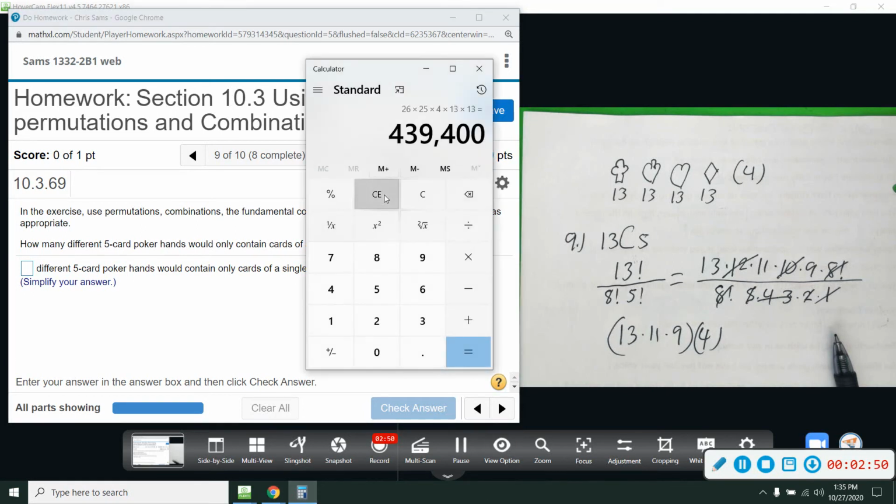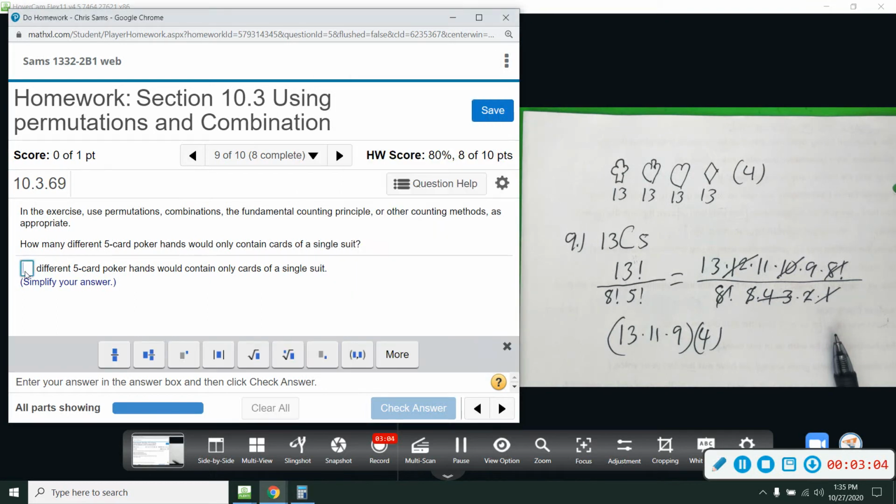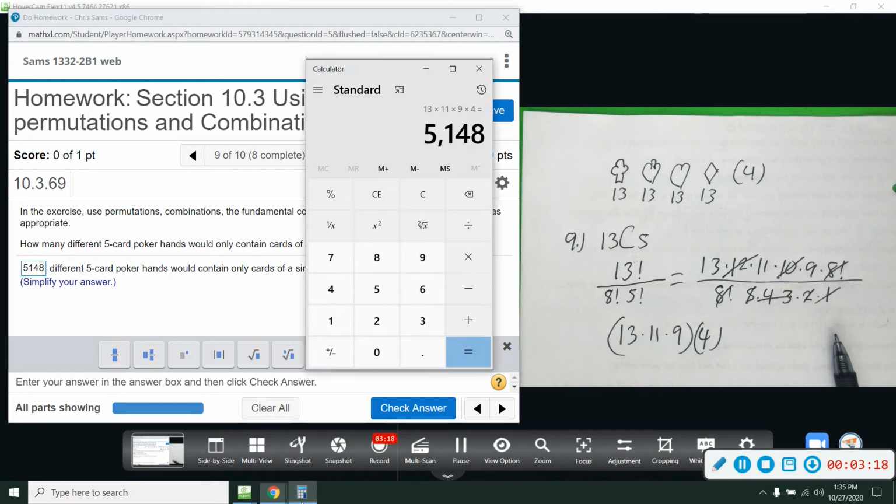So 13 times 11 times 9 times 4 is 5,148 ways of getting a flush. Make sure that's what we have. Yes.